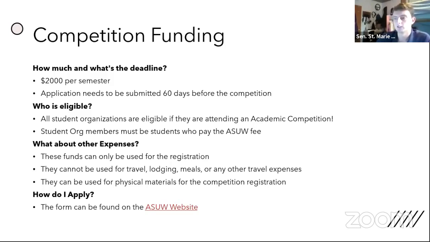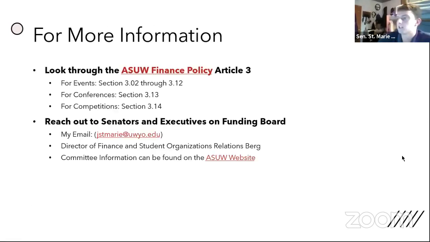But yeah, the last thing I'm going to talk about is some more information. If anyone here is looking to go through and actually get funding, I would strongly suggest you look through the ASUW finance policy, Article 3 of it. What I've presented to you all is mostly information from the finance policy.